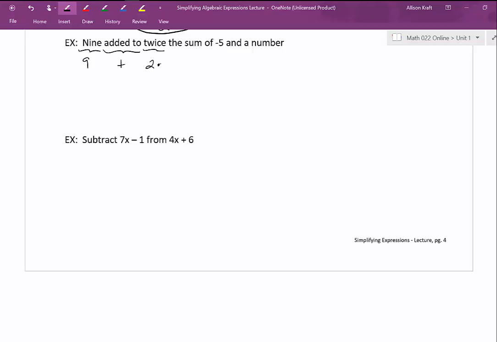We need to indicate that the addition, the sum, has to happen first. The way that we're going to indicate to do something first, like we have many times in math, is by using parentheses. So inside the parentheses, we want the addition of negative 5 and some number, let's call it x.